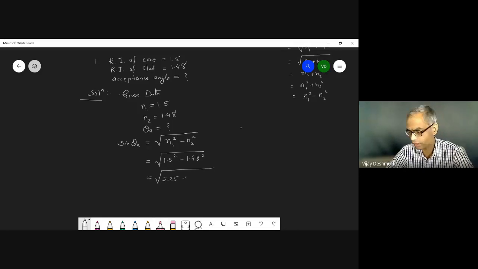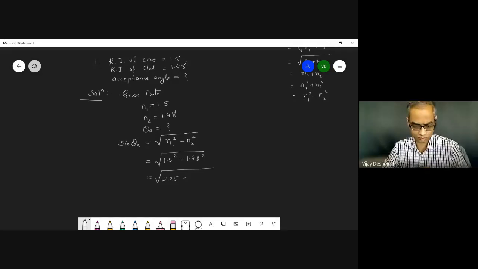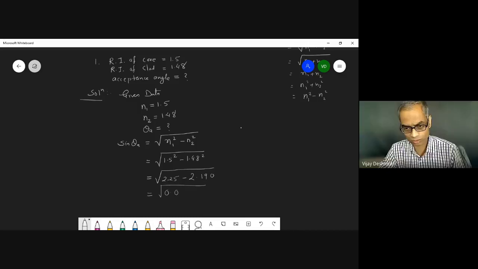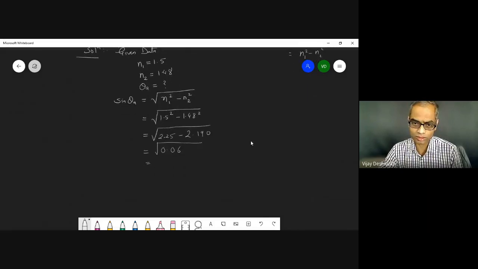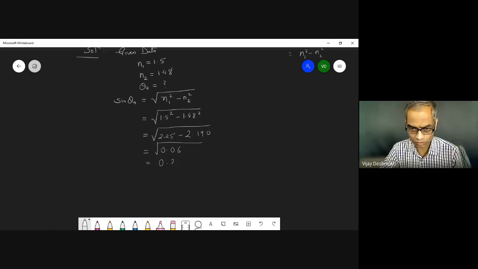And 1.48 square is 2.190. Therefore this difference comes out to be 0.06. And the square root of 0.06 comes out to be 0.244.